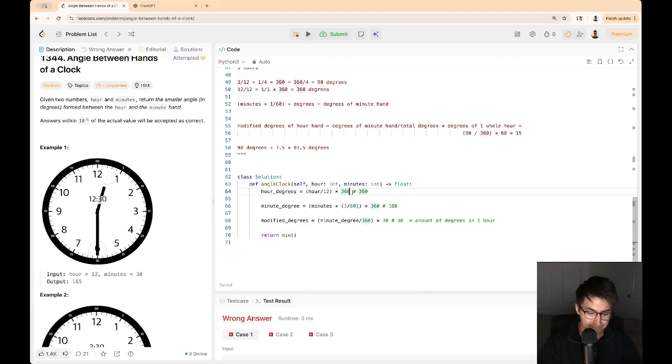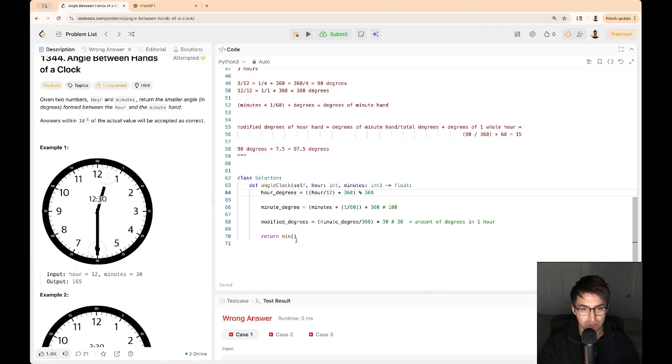Hmm. 15 minus minutes degree, the absolute value of those. 15 minus 90.